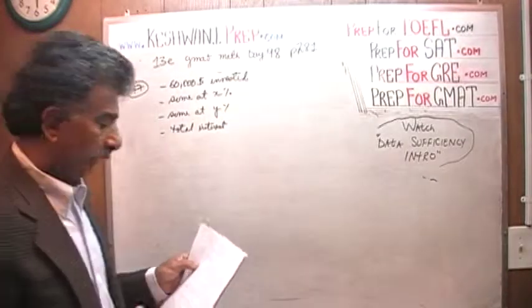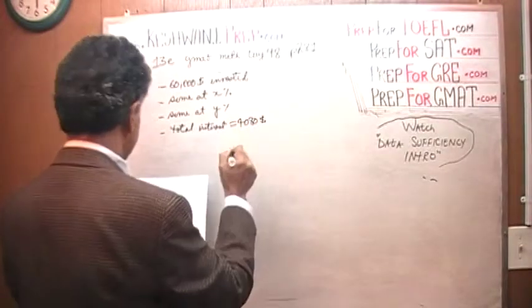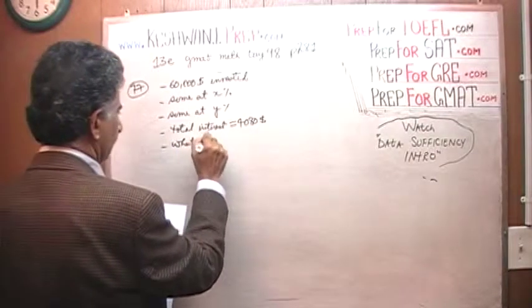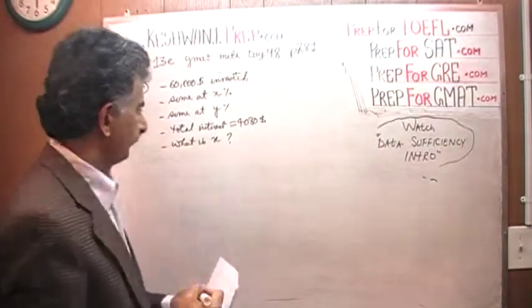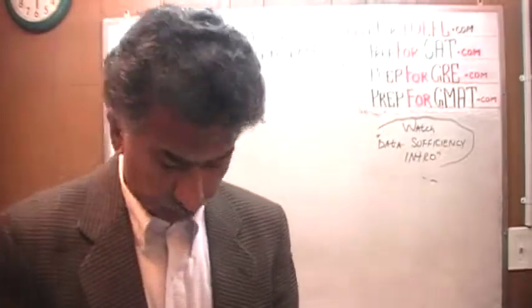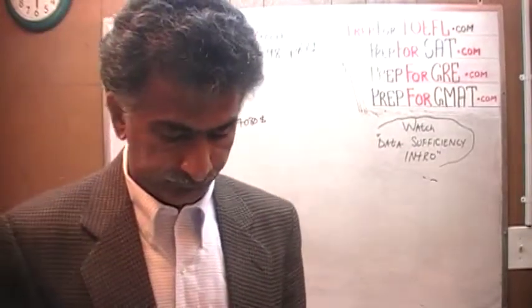We are told that the total interest that was earned was $4,080. The question simply is, what is X? That's all. Very simple, straightforward question. As always, I tell you, the questions are of course always simple and straightforward. It is the answer that gets prickly.